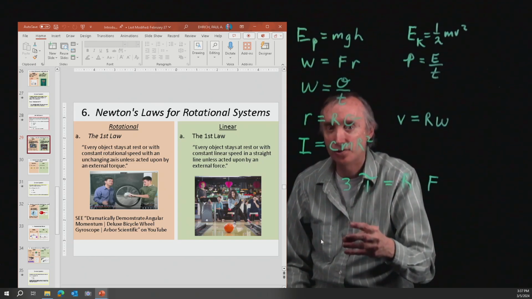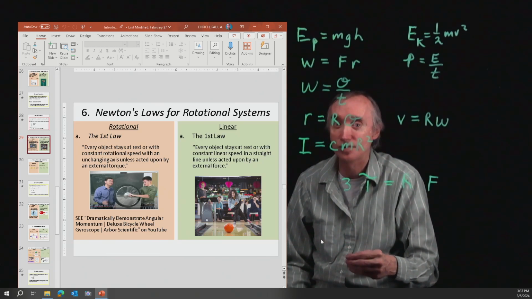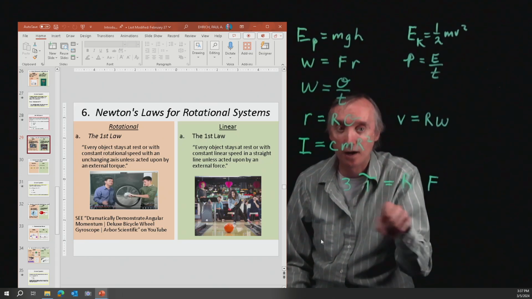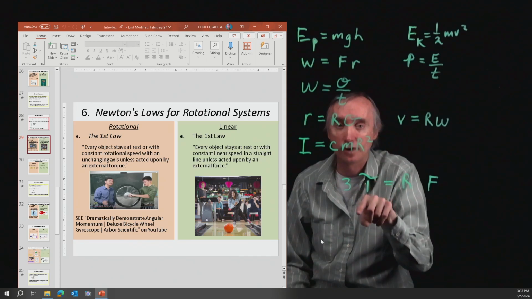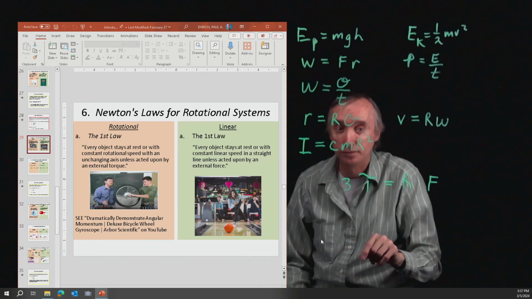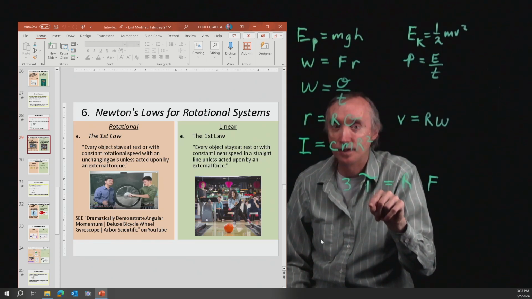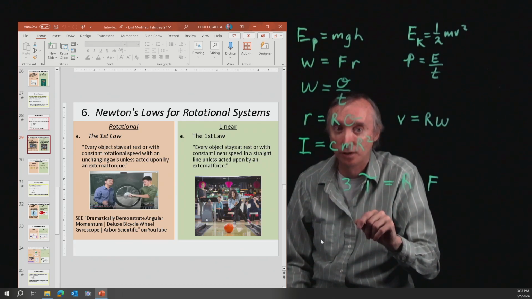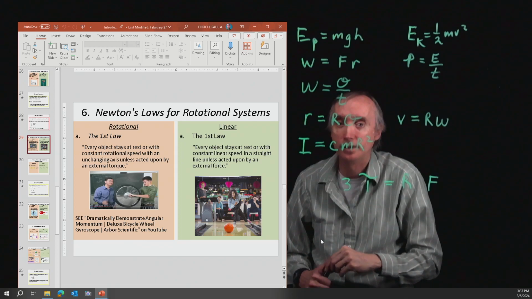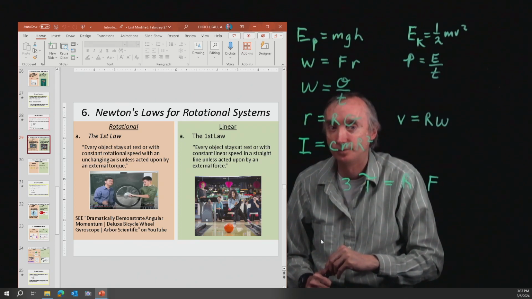Well, the rotational counterpart to it is almost exactly the same. An object that's spinning wants to continue to spin forever and ever at a constant speed, but the difference is the axis of the rotation always wants to point in the same direction.